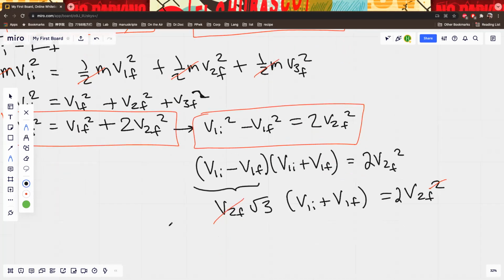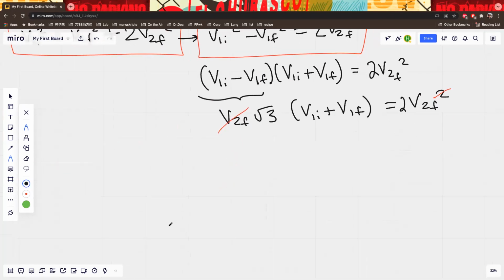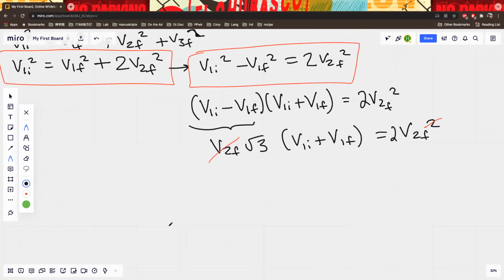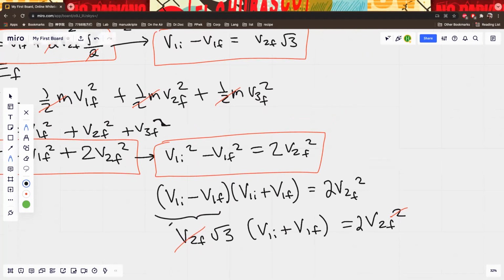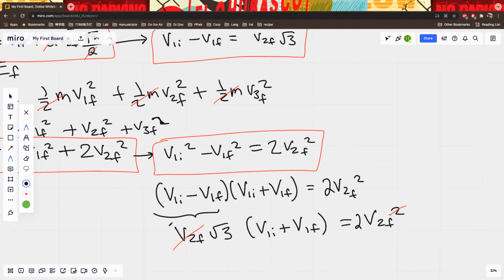I want to zoom out. Okay. So okay, we have V1I plus V1F equals 2 over root 3 times V2F. And V2F is equal to V1I minus V1F all over root 3.